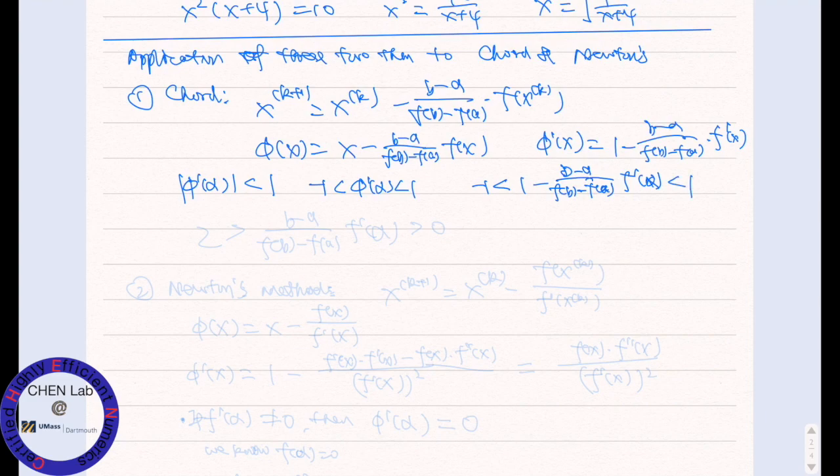So what does that imply for that whole thing, b minus a over f b minus f a times f prime alpha? I can subtract 1 from all sides. So you're going to get less than 0, and you change the sign. That's larger than 0 and less than 2, right? You see that, right?